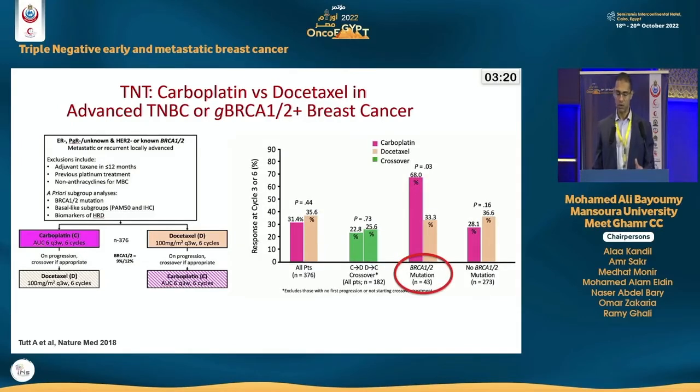In all patients there was no difference between these arms, but regarding patients with BRCA1 mutation, I know all of us know that in this group the platinum did better, with a significant benefit favoring starting with platinum, then upon progression docetaxel. But in case of no BRCA mutation, again, there was no difference between treatment arms.